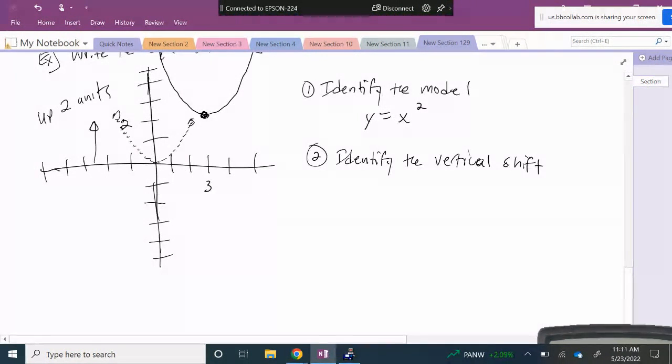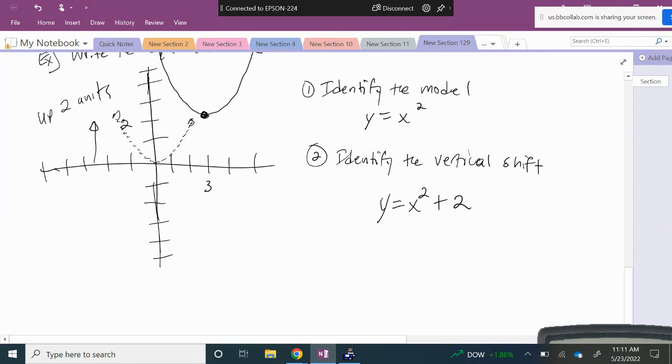So how would I account for shifting the graph up 2 units? Well, I would simply take my model form x squared and I would add 2, right? Because that would shift it up 2 units. So y is equal to x squared plus 2 because we moved it up 2 units.